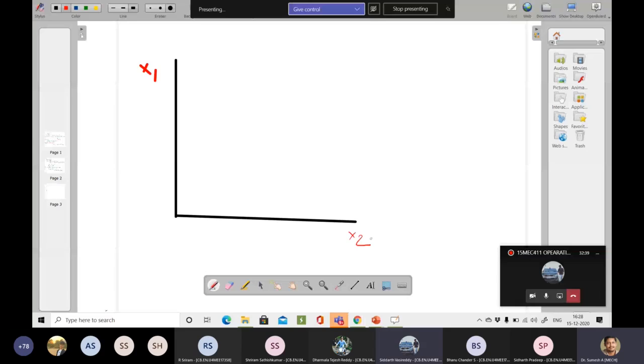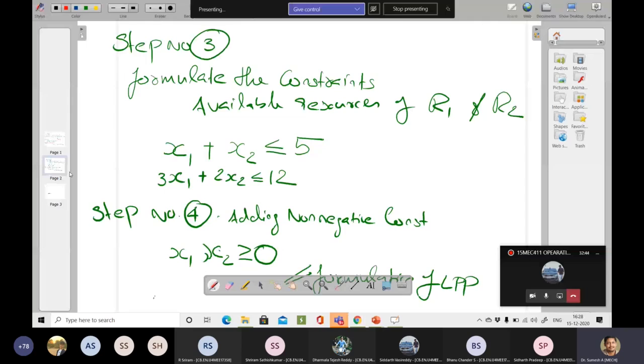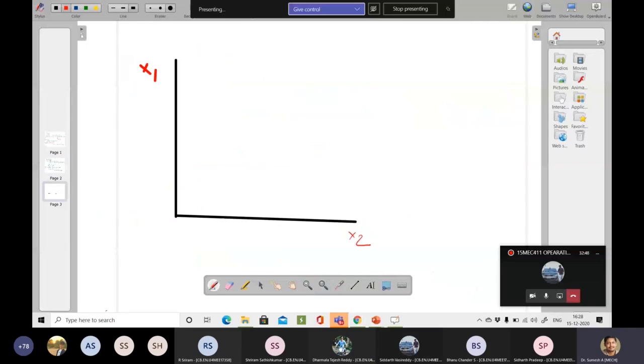Okay, so the equations I have got: x1 plus x2 less than or equal to 5, and the second is 3x1 plus 2x2 less than or equal to 12.